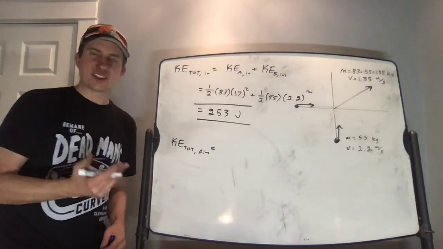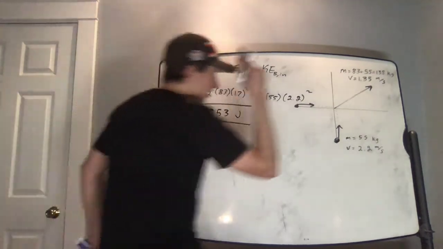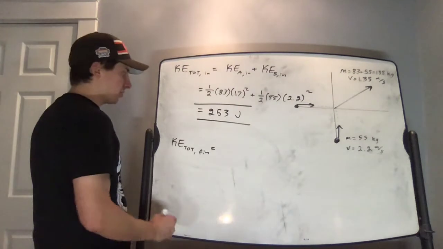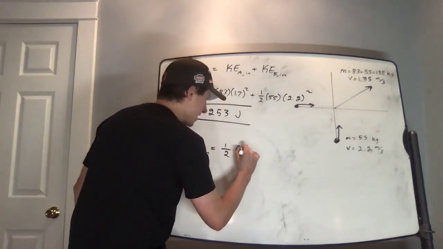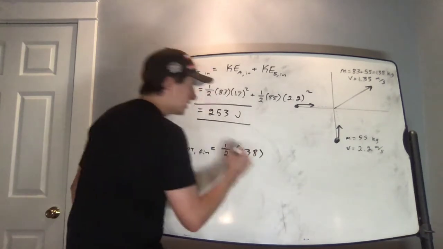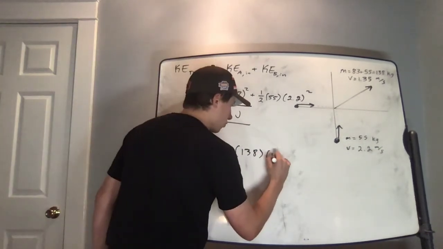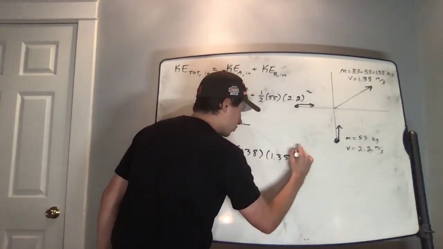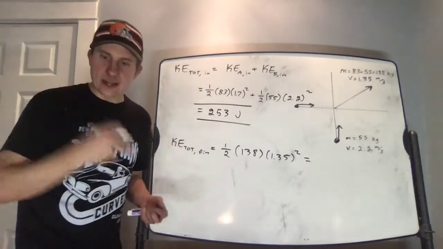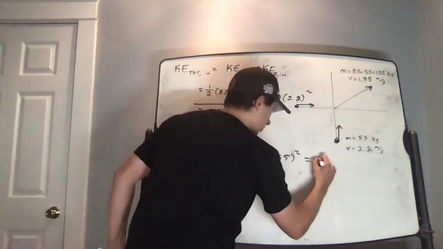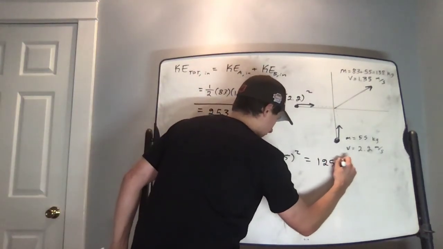I am treating the skaters as a single object of mass 138 kilograms. So I would have 1/2 times the mass, 138, times their final speed squared, 1.35 squared. And if I put those numbers in a calculator, I find that their final kinetic energy is going to be 125 joules.